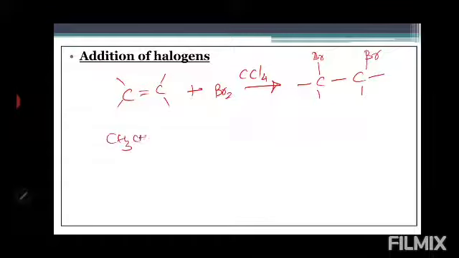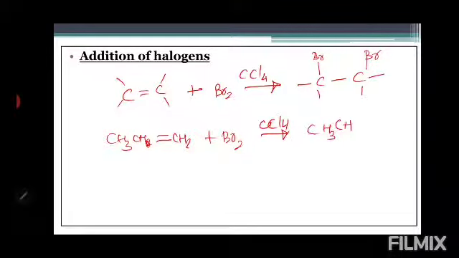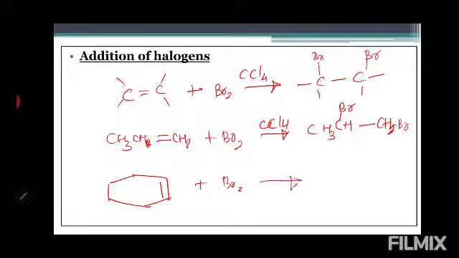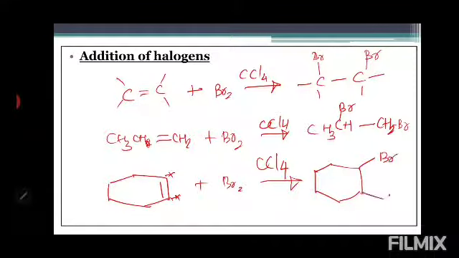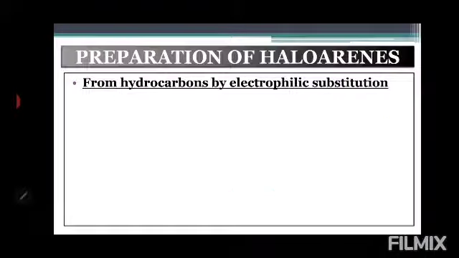Suppose you have CH3 CH=CH CH2, and you react it with bromine in carbon tetrachloride, what happens? You will get a dibromo substituted product, so bromine comes here and CH2Br. These are the products. If you do bromination using carbon tetrachloride, addition of bromine takes place at both double bonded carbons.